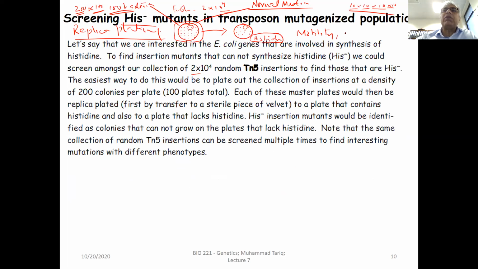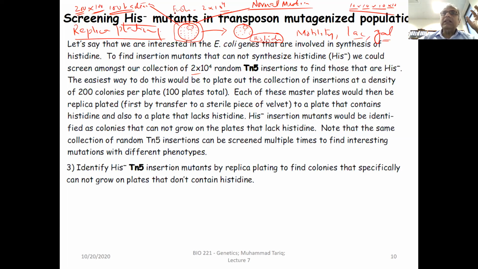You can screen them for lactose utilization, galactose utilization, carbon source utilization, antibiotic resistance, whatever. Once you have a mutant population, this mutant population can be screened for as many questions as come to your mind.